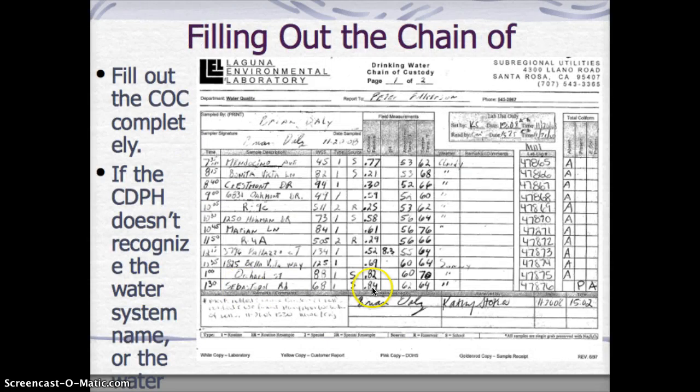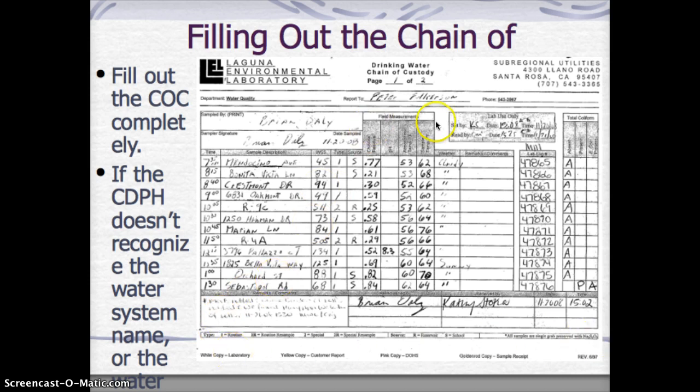So here you are. I did actually have it recorded. I didn't think this slide was here. Anyway, so here you'll see sampled by. This is the sampler's signature, the time, the sample description, the type of sample, and there's usually a key down here at the bottom that shows what type of sample it is.